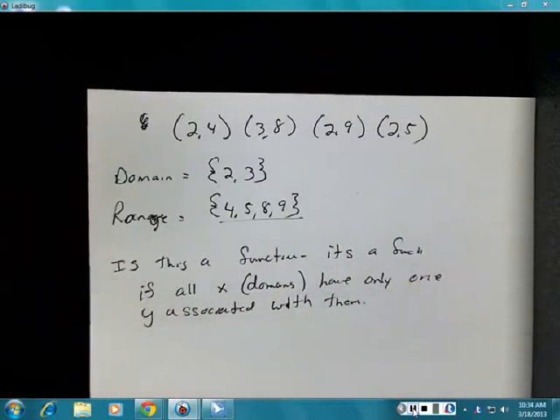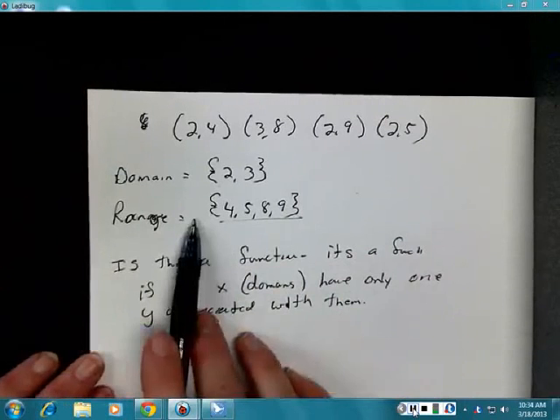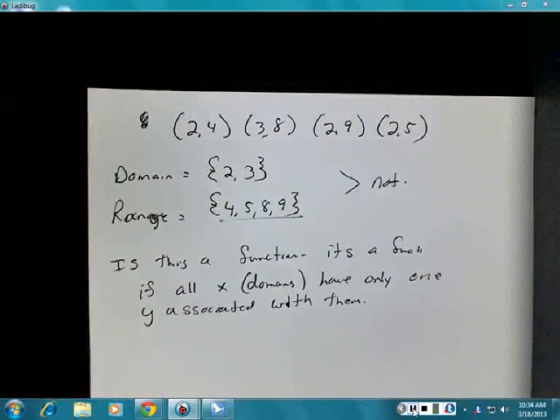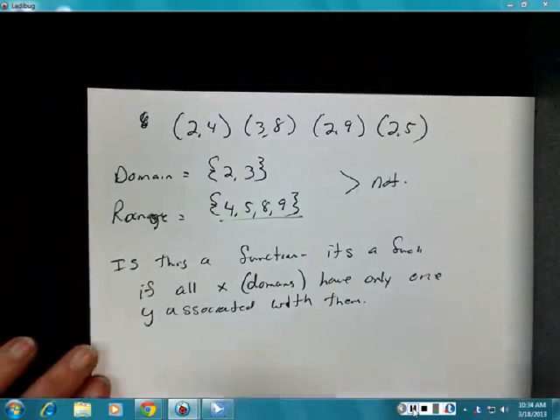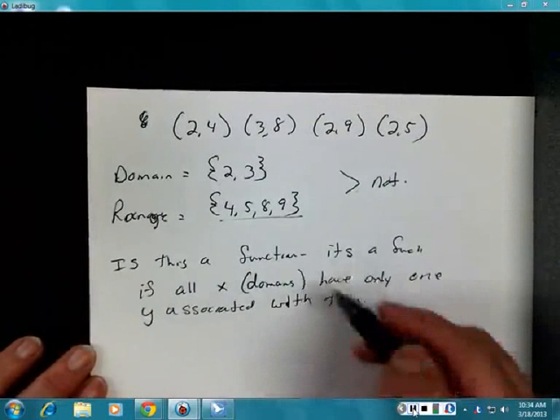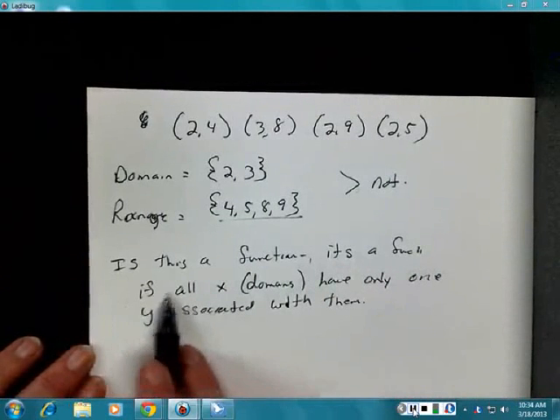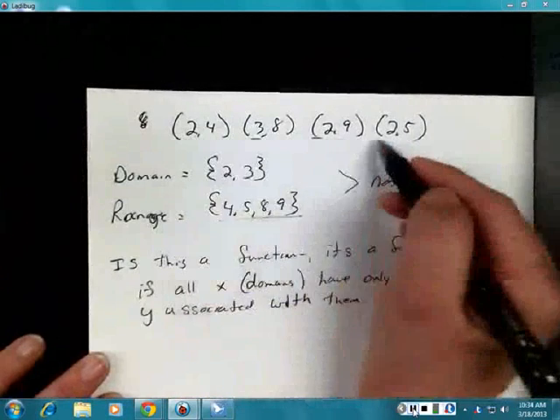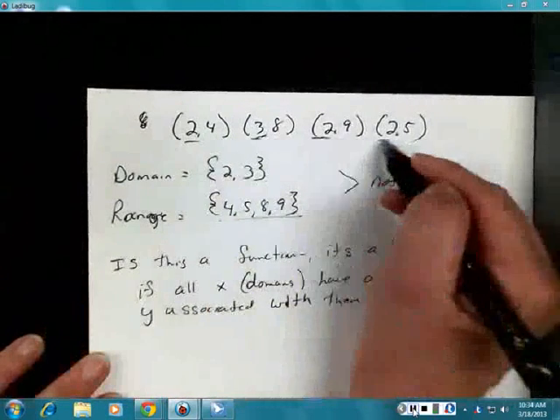So is the example I gave you up here, is this a function? That's not a function. Okay? It is a function if all x values here only have one y.